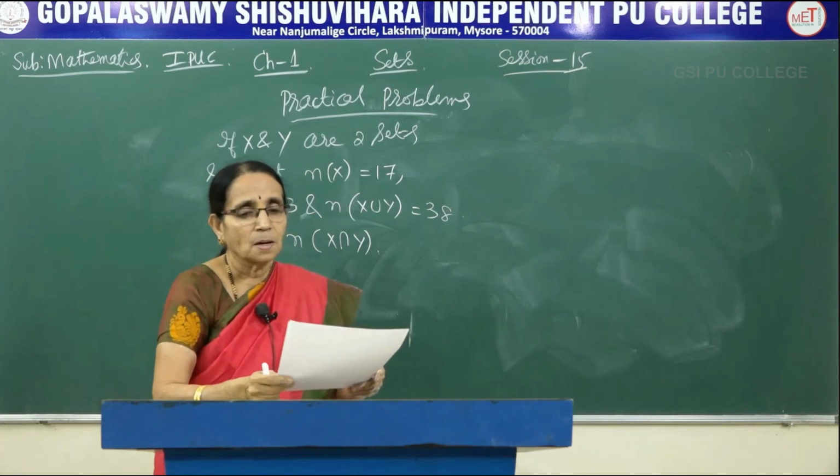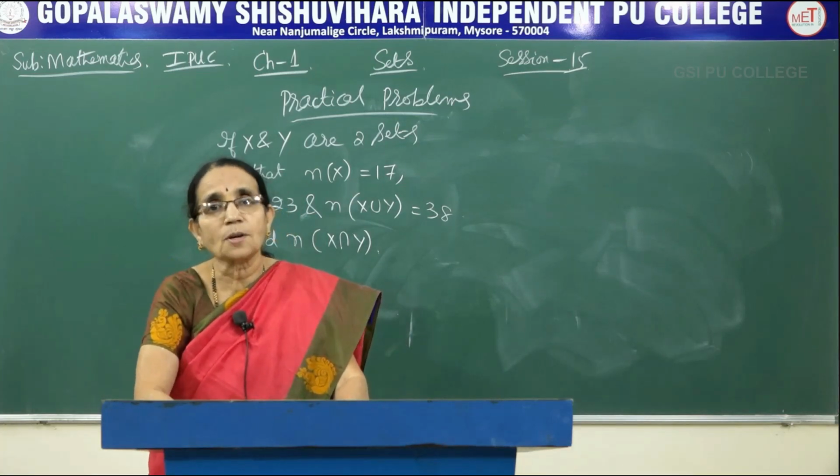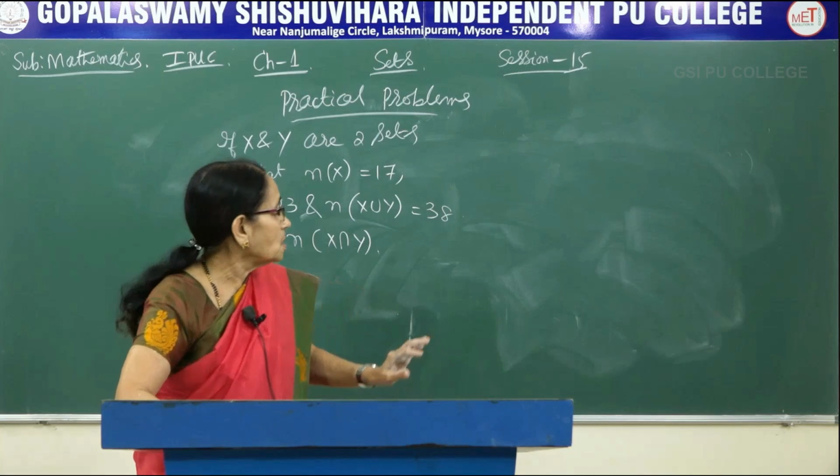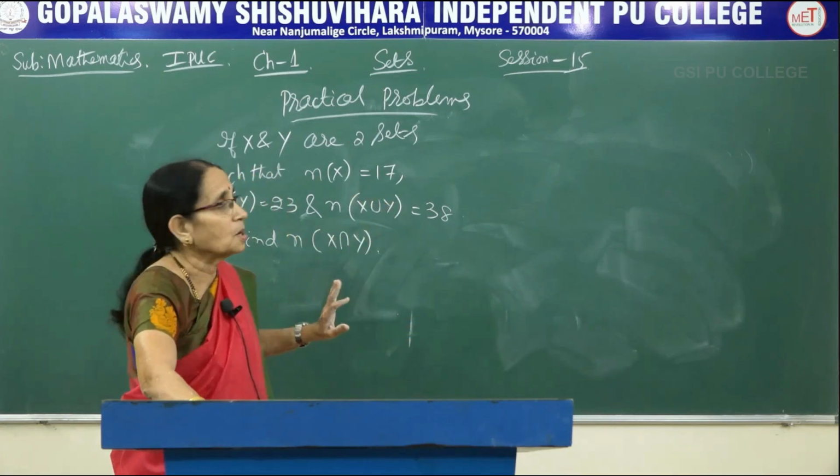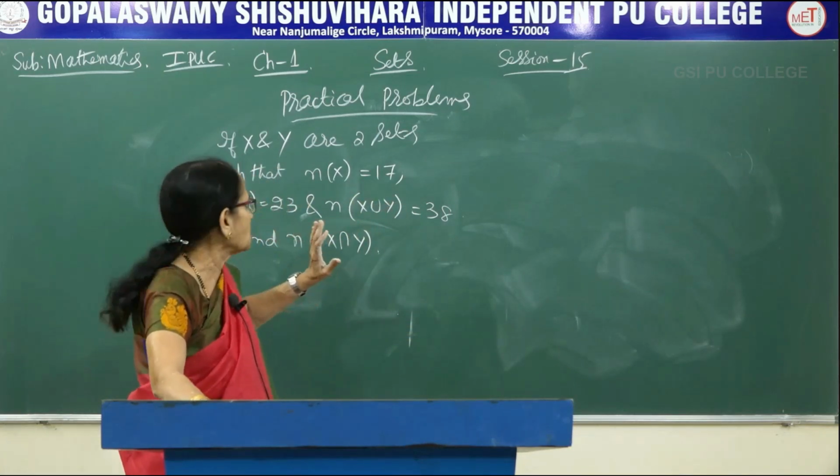Here you do not know the actual elements, whereas the cardinal number is given. There are two finite sets here.